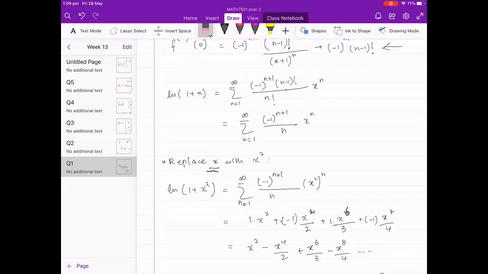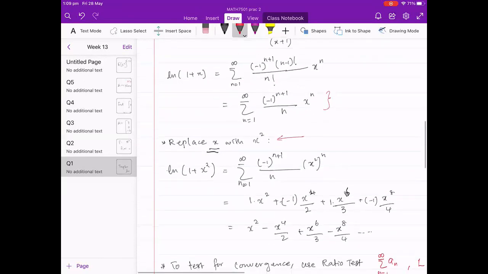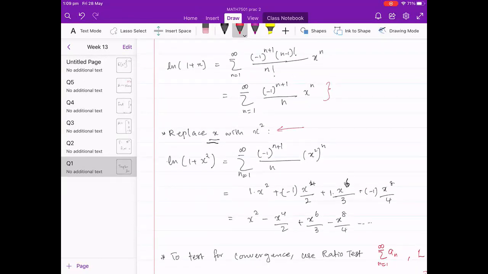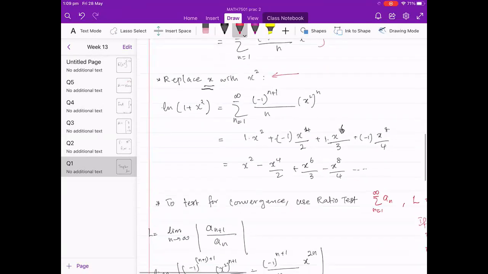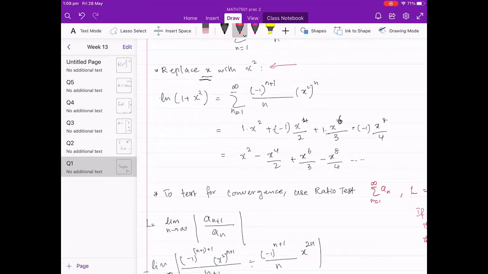Therefore, ln(1 plus x) can be given by this series here, and it simplifies to that part. Now replace x with x squared. We expand in a sum of the terms. I got x squared minus x to the power 4 over 2 plus x to the power 6 over 3 minus x to the power 8 over 4.